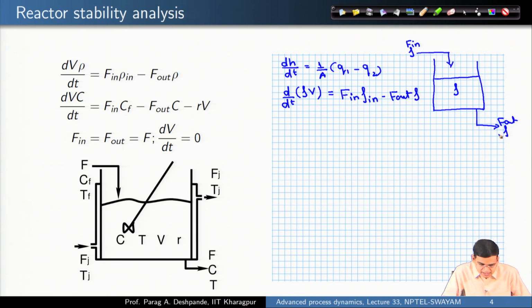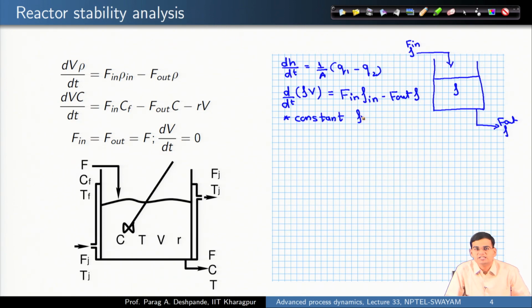Now, under an approximation that you have constant density, the density does not change. Well, anyway you would not expect a temporal change in the density of the system, but there may be temporal variation in the temperature of the system, and with changes in the temperature the density may change, and that is how temporal variation of the density may happen, as well as spatial variation when you compare the density at the inlet and the density at the outlet.